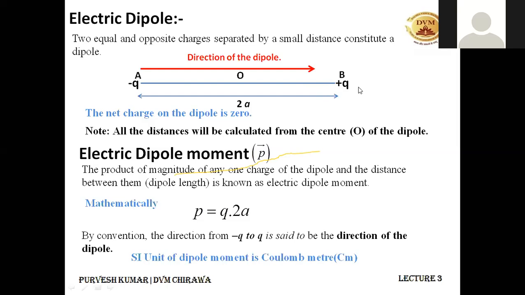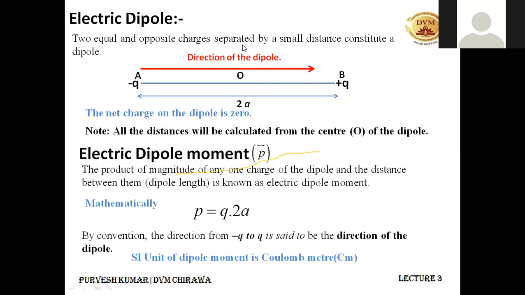So in the first derivation, we'll be finding the electric field due to this dipole at the axial point, and the second part will be finding the electric field at a point which lies on the equatorial point. And the equatorial point is the point which lies on the perpendicular bisector of this dipole. So somewhere over here, if I draw a perpendicular bisector above O, then if some point is lying on that perpendicular bisector, that point is known as the equatorial point.